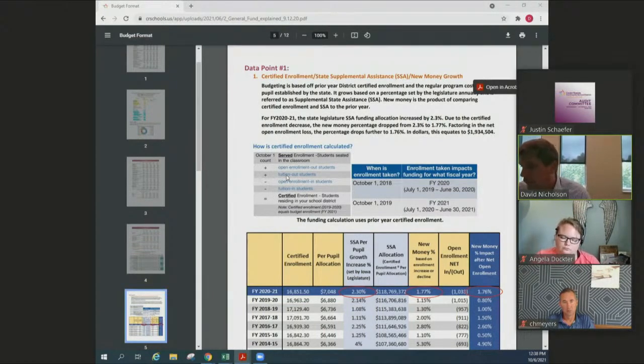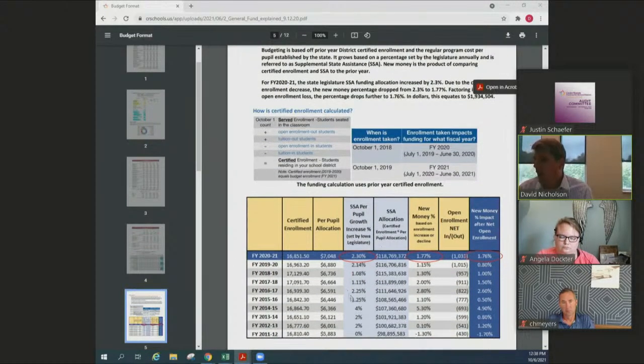Then we look at tuition out students, open enrolled out and tuition out. We subtract the kids that we count in our enrollment that are other districts' students, because they're not our kids, to come up with our certified enrollment number. Over the years, you can see what our enrollments have done here.